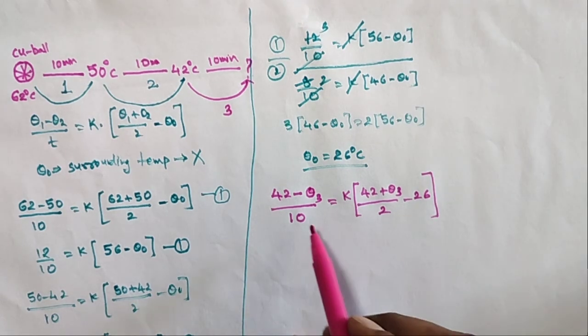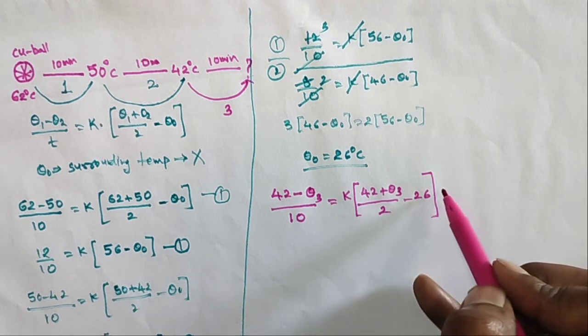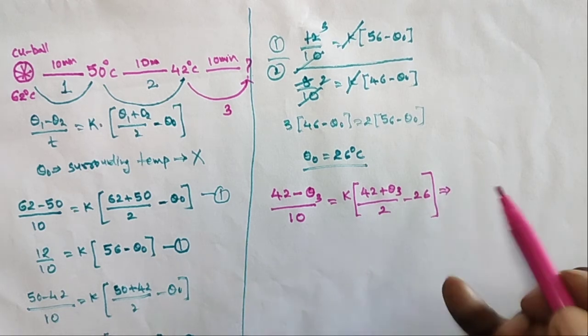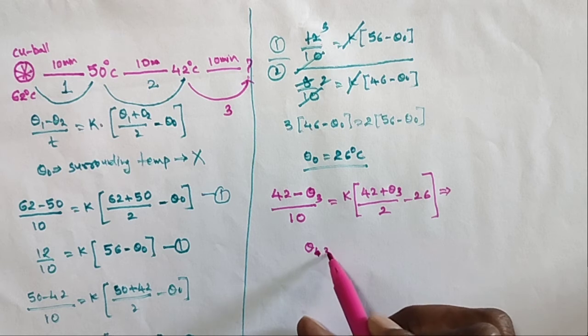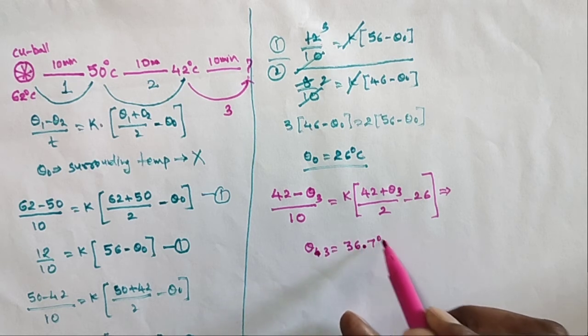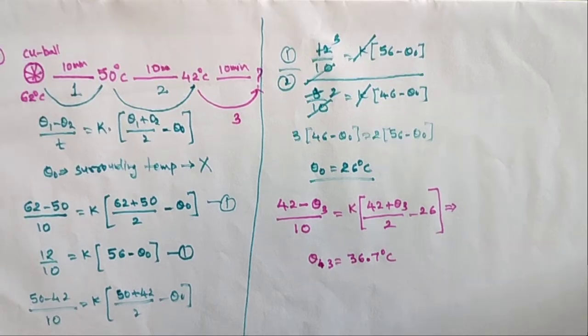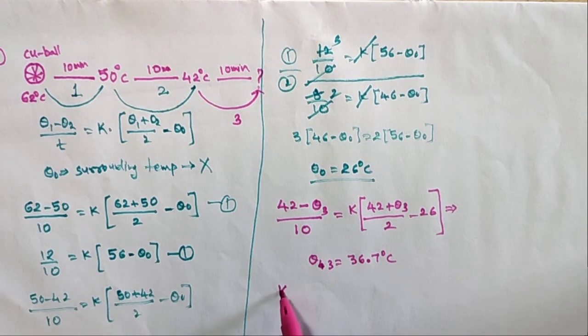So you can calculate very easily. Finally, you can get theta 3 is equal to 36.7 degrees Celsius.